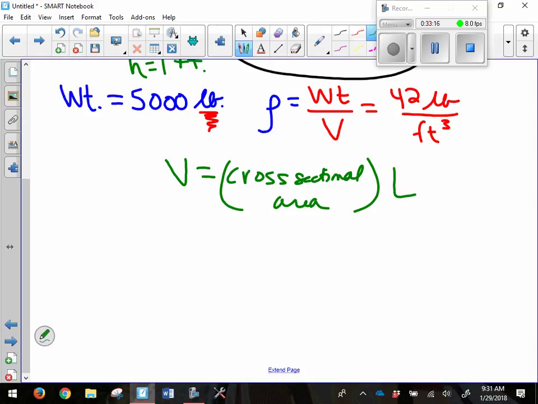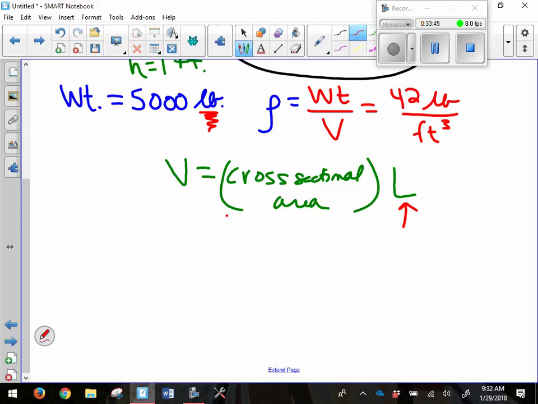A formula like that will work for anything as long as the sides don't change. If it tapers, it's not going to work. But as long as the cross section at both ends of the length is identical, taking the area of the cross section times the length should work. And that's pretty cool, because what I really want is the length.